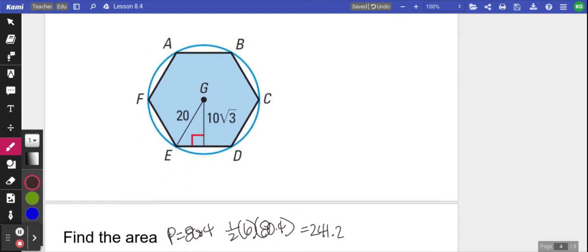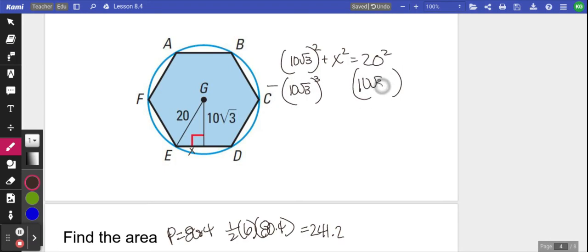On this one, I'm given a triangle again. So I know that this would be x. I'm going to do one side squared plus x squared equals hypotenuse squared. So I'm going to subtract 10 square root of 3 squared from both sides. That gives me 20 squared minus 10 square root of 3 squared, which is 100.